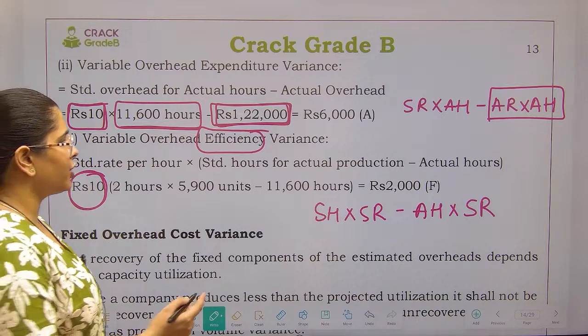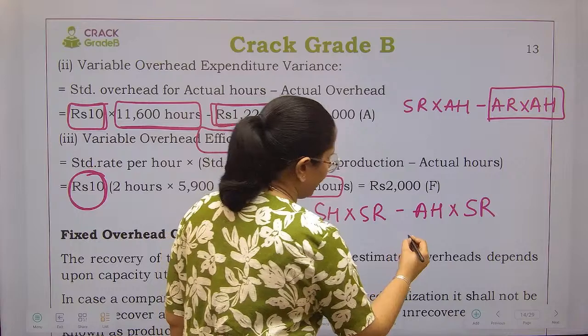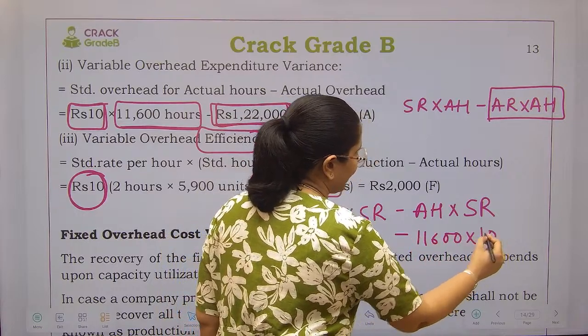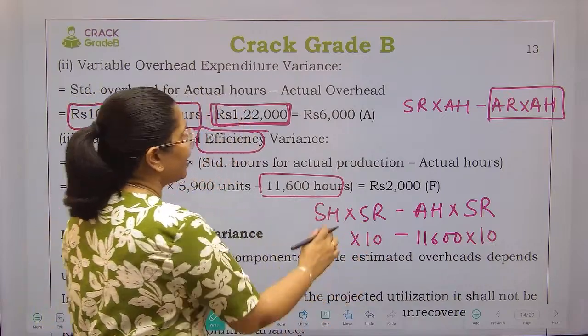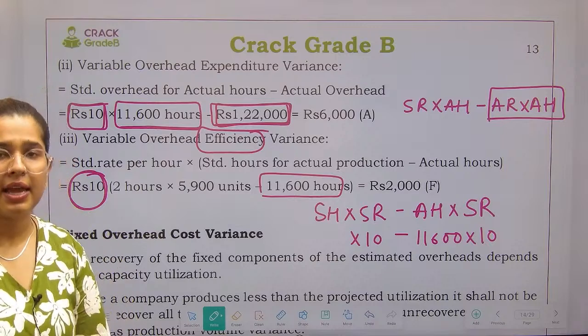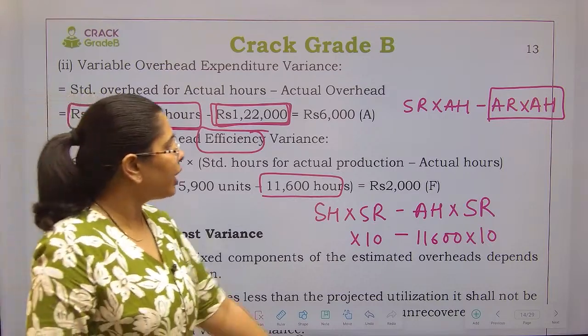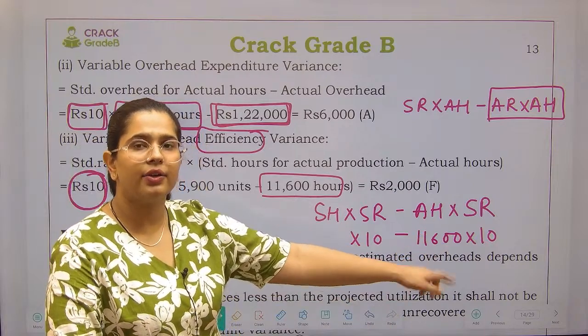Actual hours कितने हैं क्वेश्चन में दिया हुआ है क्या? Yes, 11,600 क्वेश्चन में दिया हुआ है. That means 11,600 multiplied by per hour की standard rate कितनी है 10. Now they are asking me standard hours. Now what should I write? 12,000. That will be wrong. Why? Because this 11,600 hours are for 5,900 units, right?